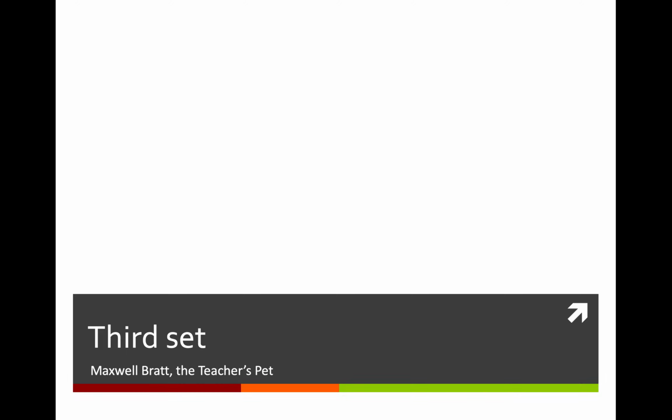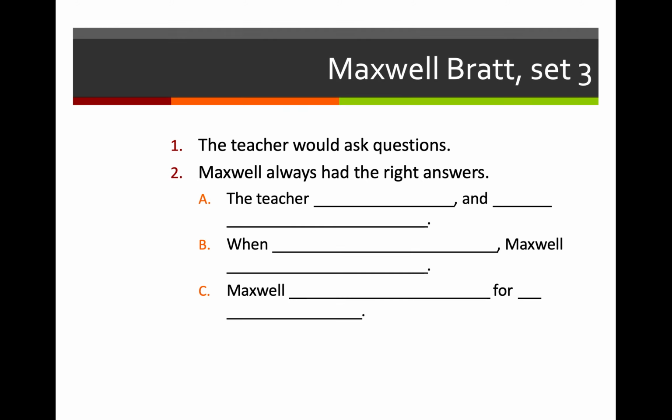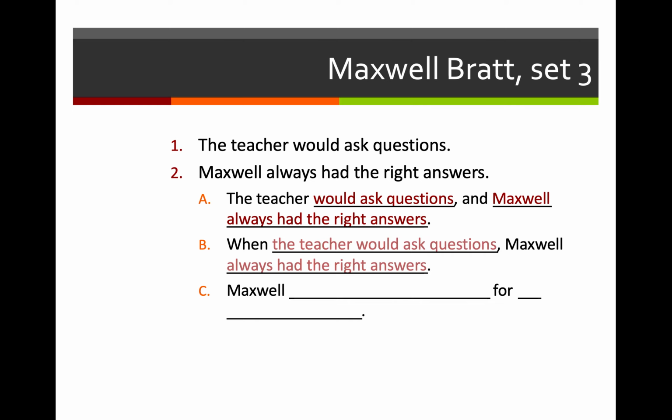Here comes the third set. The teacher would ask questions. Maxwell always had the right answers. Filling in the blanks. The teacher would ask questions, and Maxwell always had the right answers. When the teacher would ask questions, Maxwell always had the right answers.